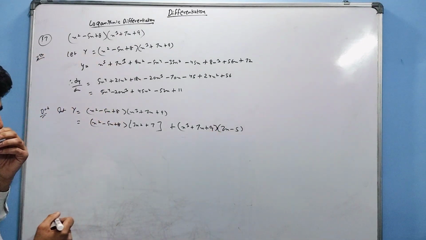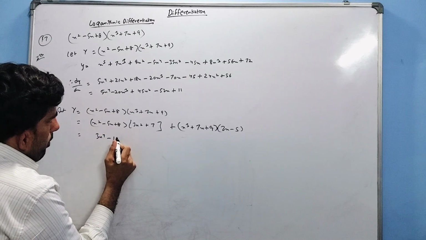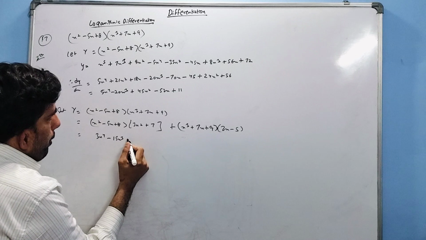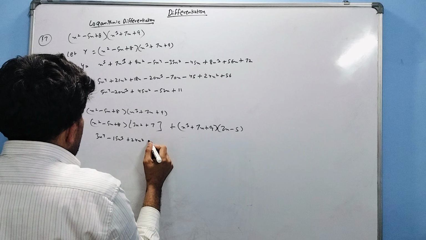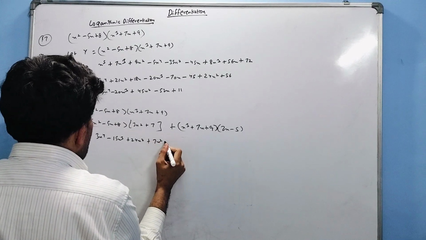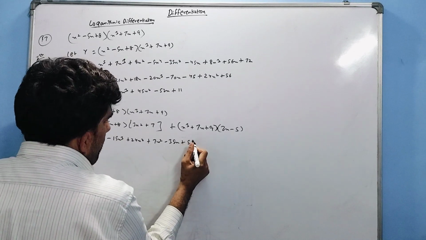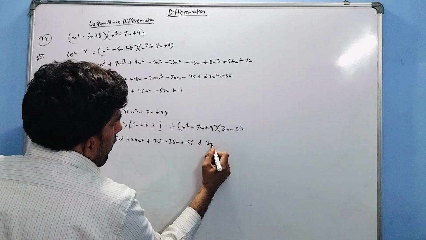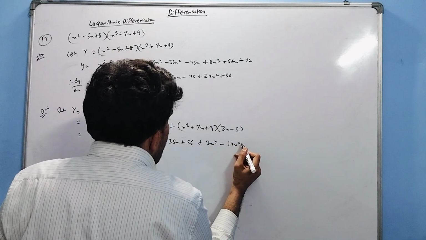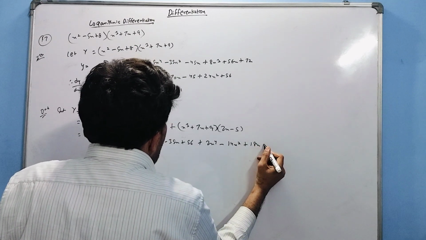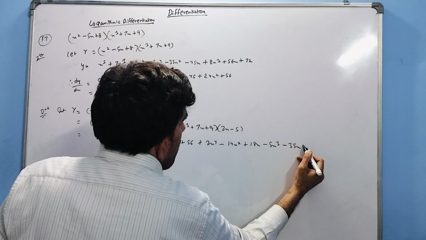Now we'll multiply: 3x4 minus 15x cube plus 24x square plus 7x square minus 35x plus 56. Here we'll have 2x4 minus 14x square plus 18x minus 5x cube minus 35x minus 45.